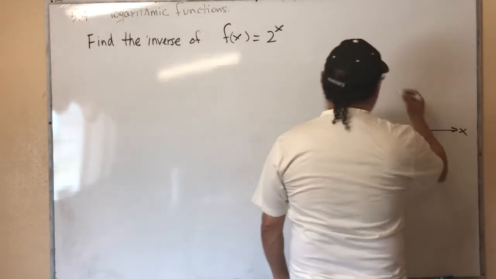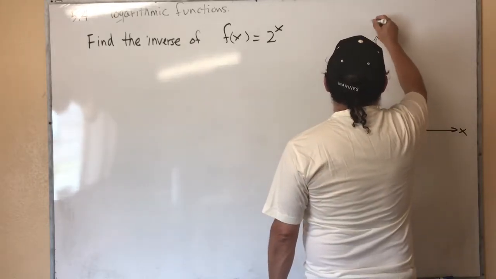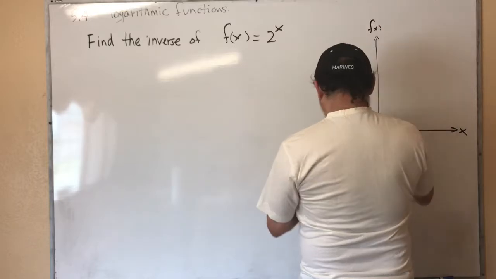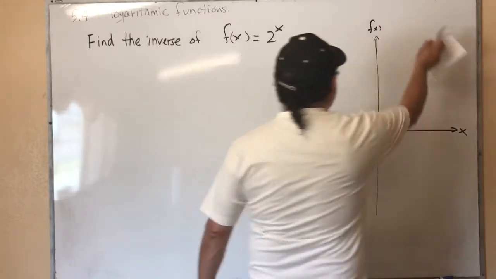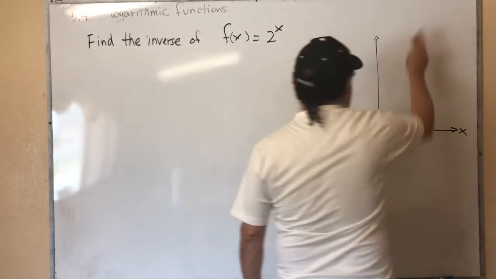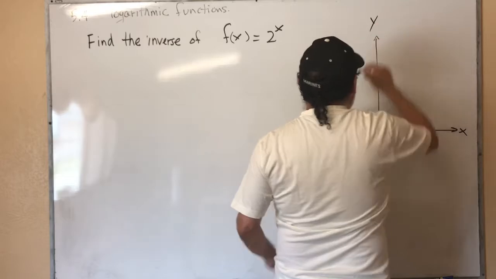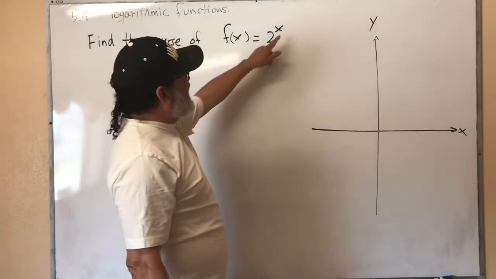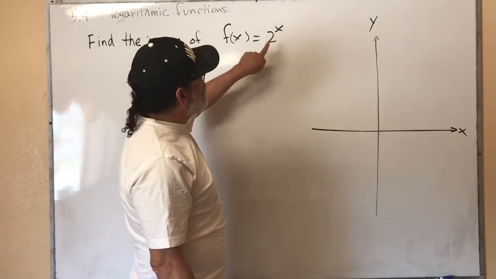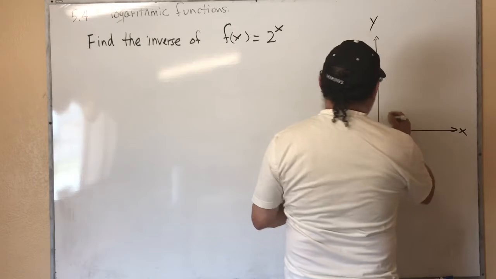This is x, and this is y. Let x be 0. What's 2 to the 0? 1. 2 to the 0 is 1.